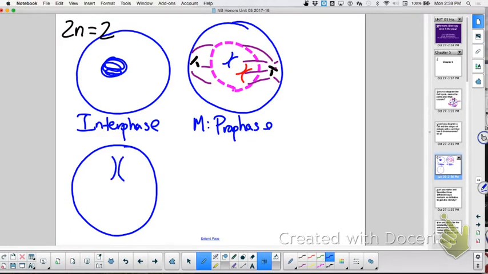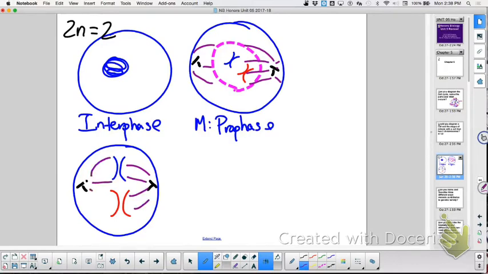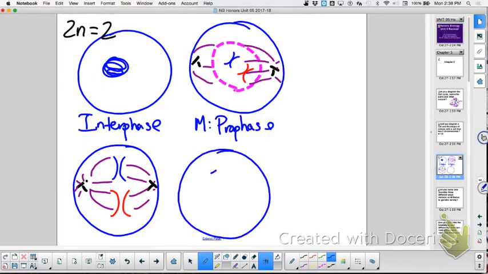Single file. What else would I see? Something like this, right? Do you agree with that? What's the next stage? What would that look like? Sister chromatids.